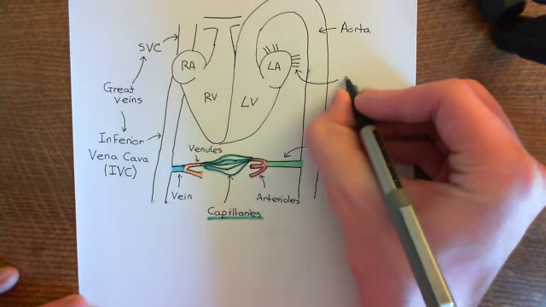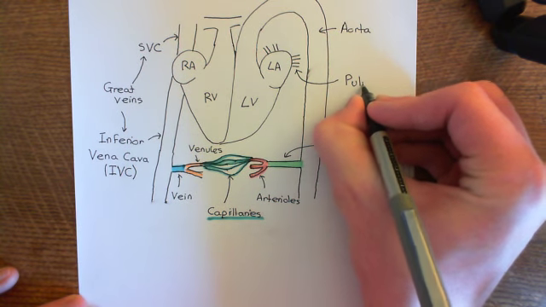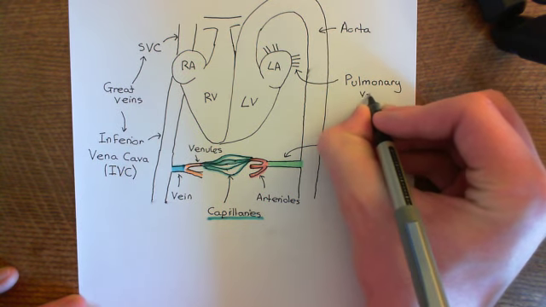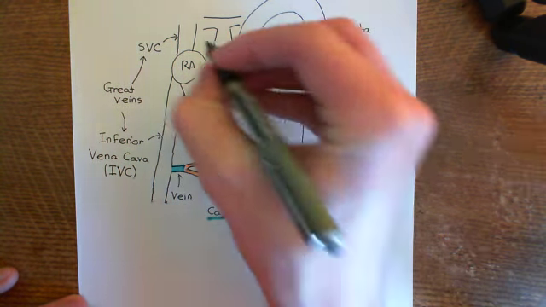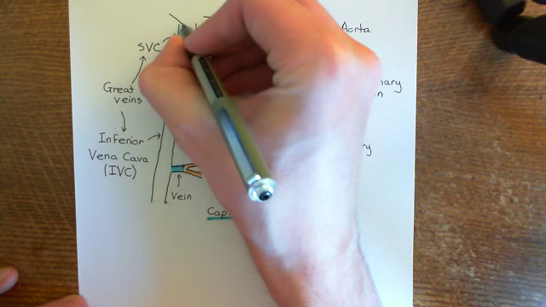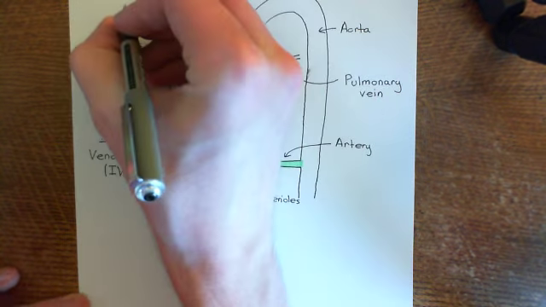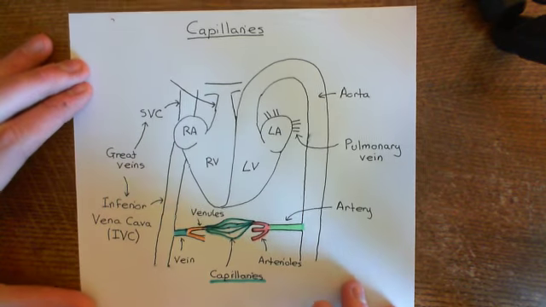So these are the pulmonary veins. And I suppose I should label up the pulmonary trunk and the pulmonary arteries as well. So the great big vessel that comes straight out of the right ventricle here is the pulmonary trunk. So let me pull this down a little bit.